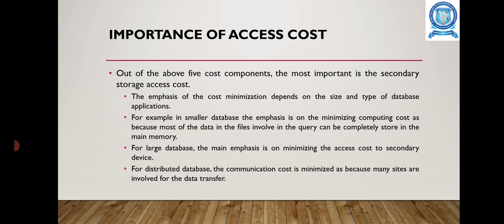For example, in smaller databases, the emphasis is on minimizing the computing cost, because most of the data in the files involved in the query can be completely stored in main memory. For large databases, the main emphasis is on minimizing the access cost to the secondary device. For distributed databases, the communication cost is minimized because many sites are involved in the data transfer.